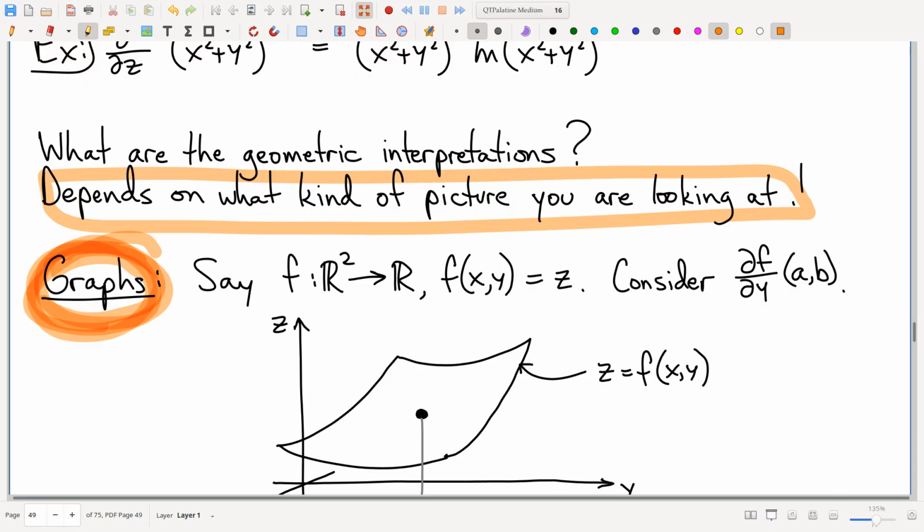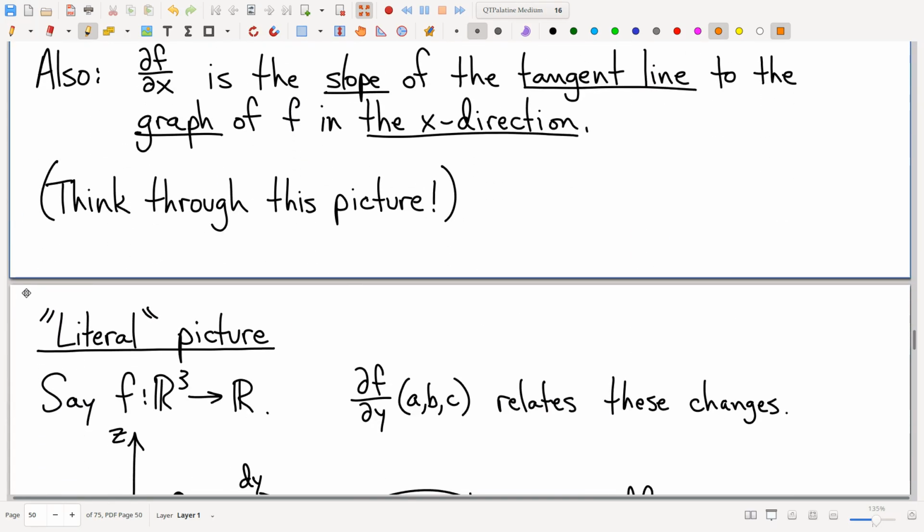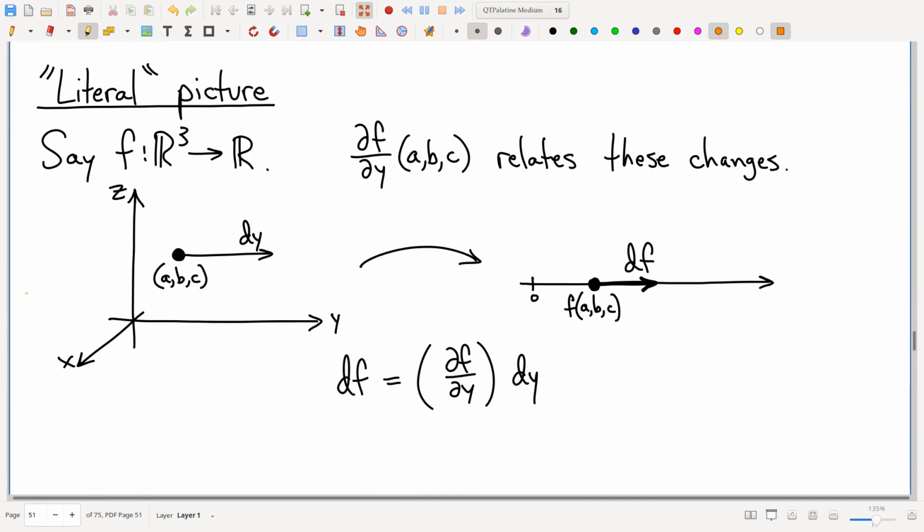So we have to now entertain a totally different question. How would I interpret a partial derivative? Again, just a regular old partial derivative. How do I make sense of that if I'm looking at this other kind of picture, this literal picture? And first, an easy observation: I can't talk about a slope of a tangent line. There's nothing to be tangent to, right? There's no shape to look at.